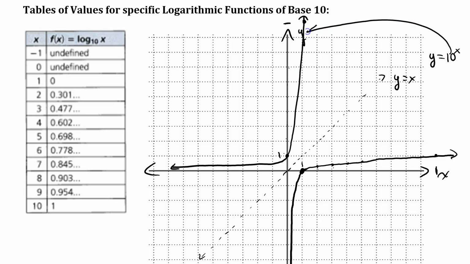So this guy right here is y equals 10 to the power of x. You're noticing here, equidistant from the line here. Essentially, this is like a mirror being set up here, and this point is the same distance to this line as this point is to this line. So it's just a mirrored image.